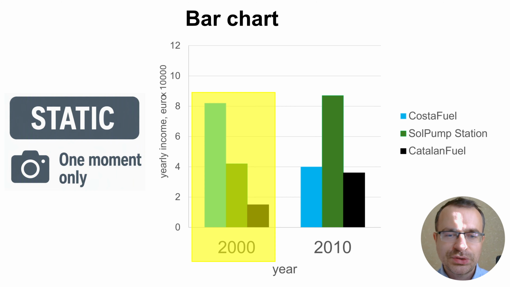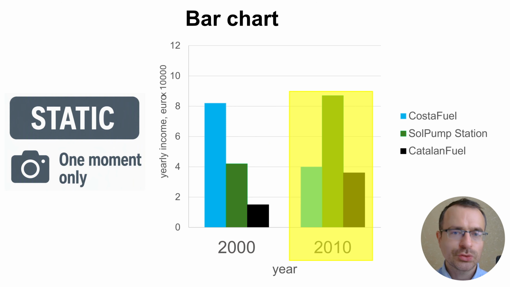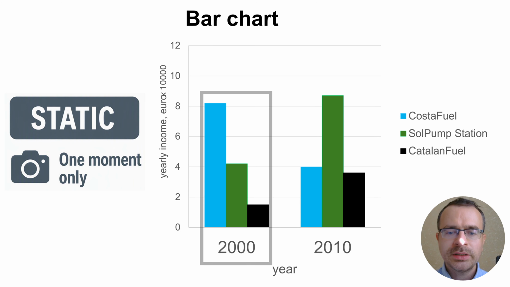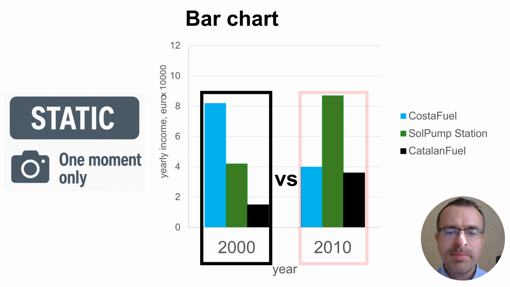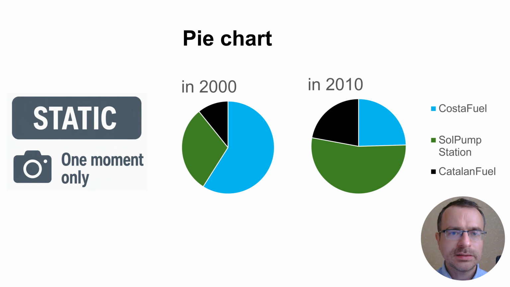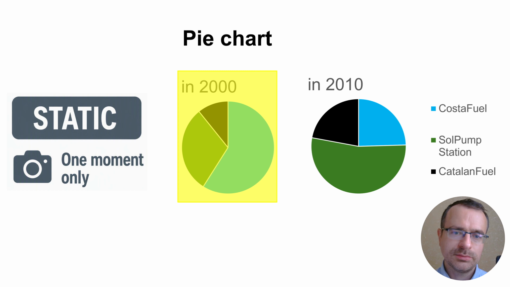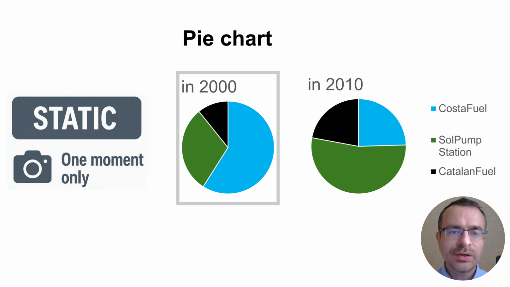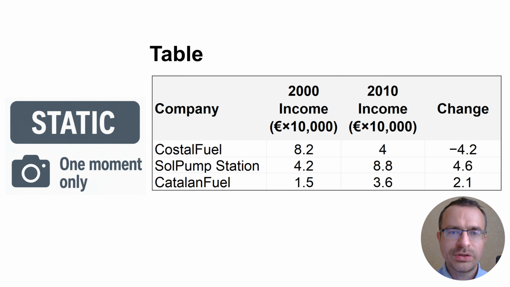We have the comparison. We have the snapshot of the data. Here we have the year 2000 and year 2010. And usually, you're asked to give the comparison 1 year versus another one. For the static pie chart, we have the same idea. There is some data for the year 2000, some data for 2010, and you're asked to give the comparison.